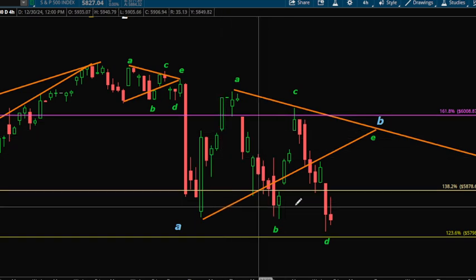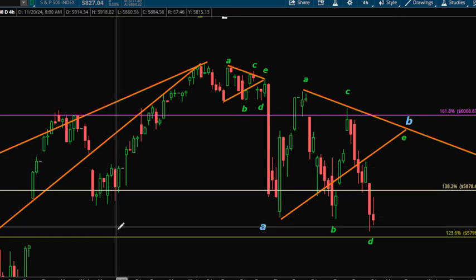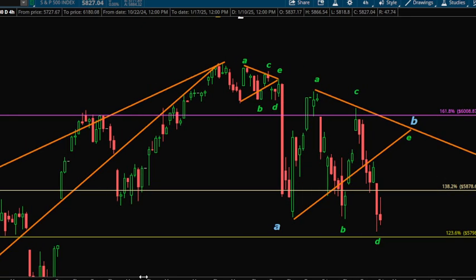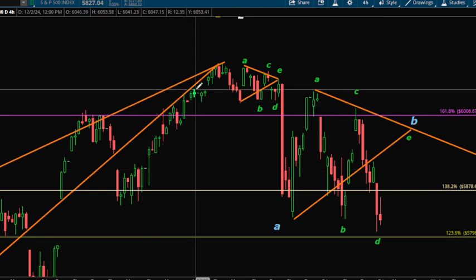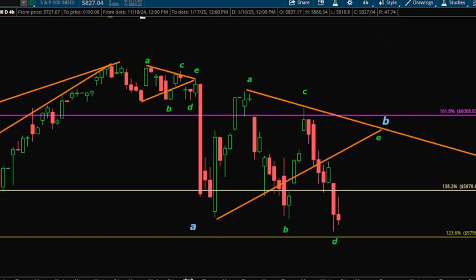I'm just trying to see if they mirror a little bit of this on a smaller degree or this one. But know this, they always came back to retest it. So these could be our target. So let's get some targets. I think that's what's going to happen.